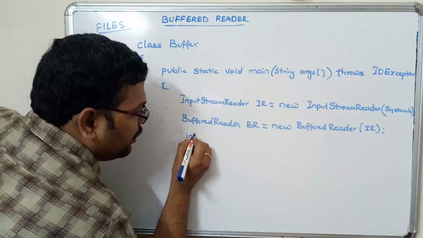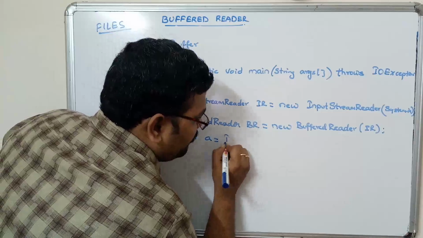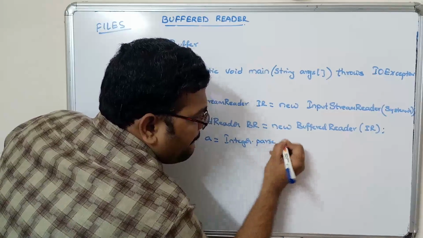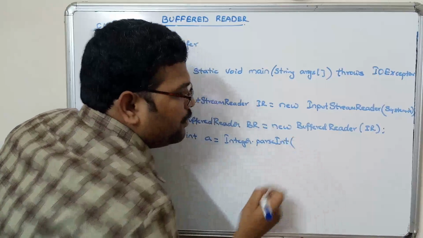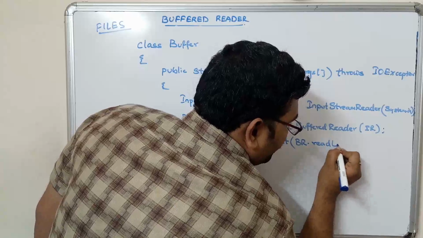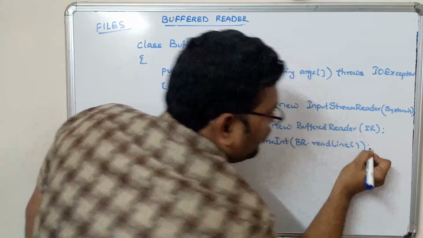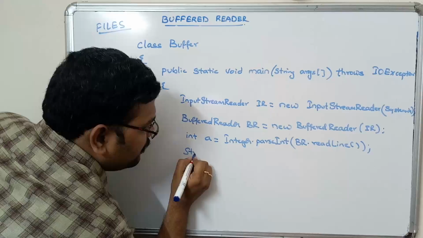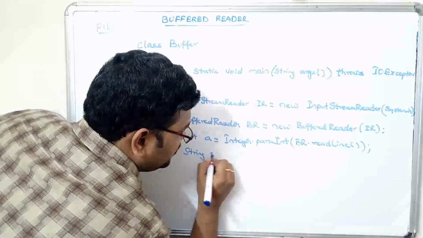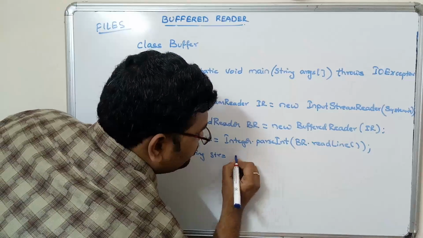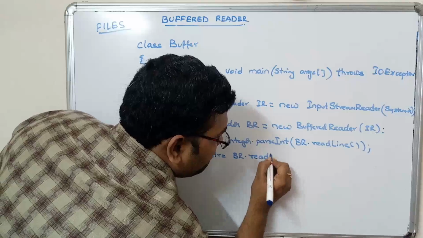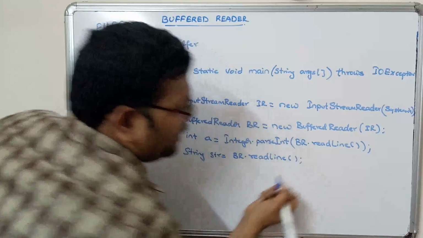Now write down int a is equal to Integer.parseInt(br.readLine()). Similarly, String str is equal to br.readLine().